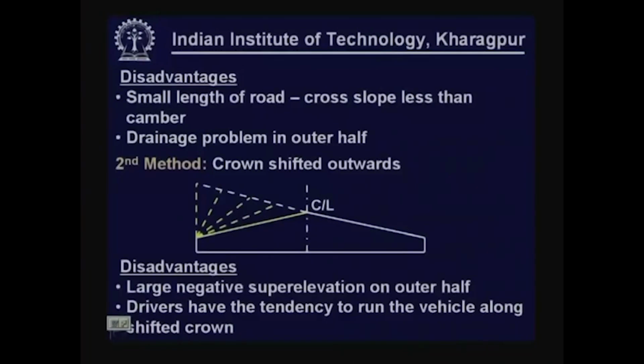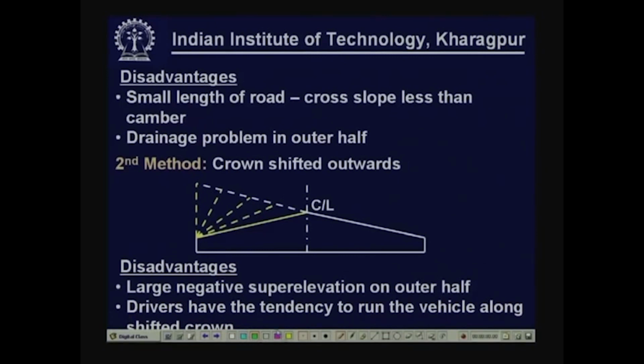So, in order to overcome the problem associated with the first method, the second method is sometimes adopted. The second method, what we do, look at this figure. Again, originally this was the section as indicated by the green line.